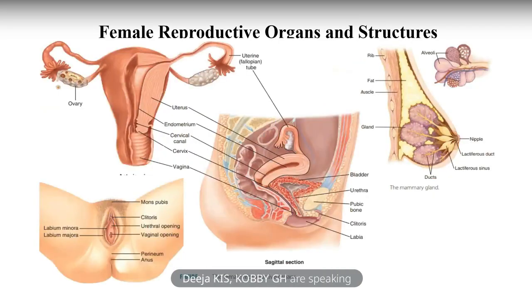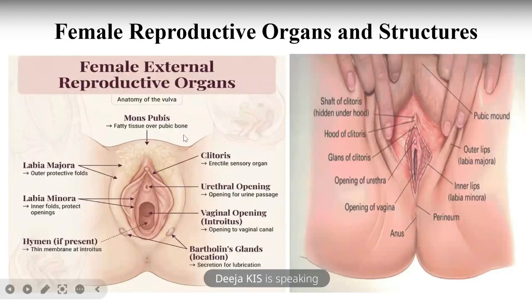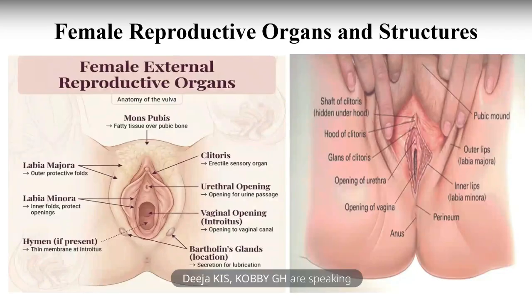Sir, please, I want to ask a question. Please, in the vagina, what causes menstrual cramps in the vagina? Since it's the place females have their menstruation from.